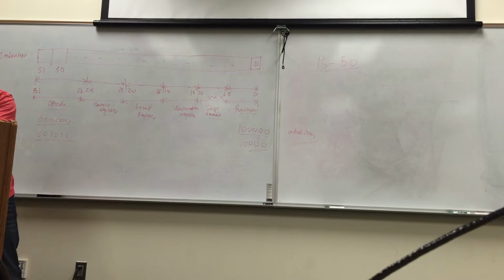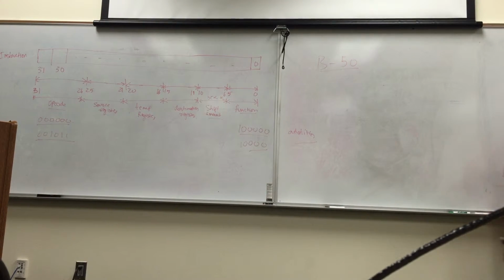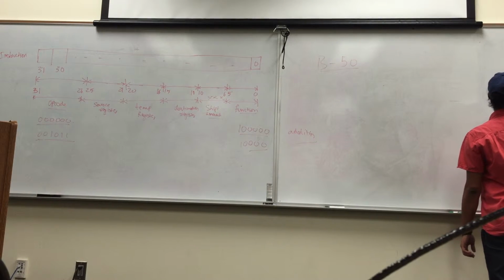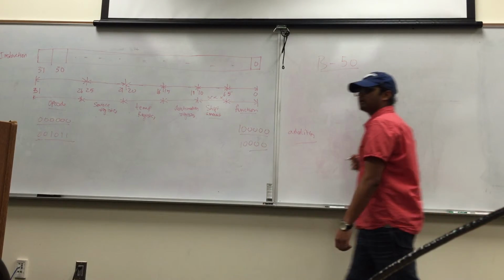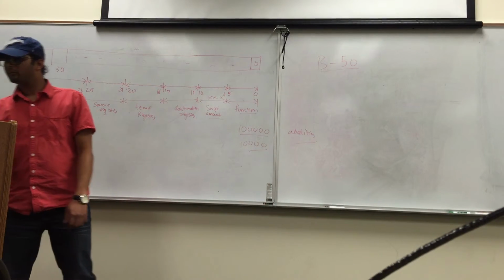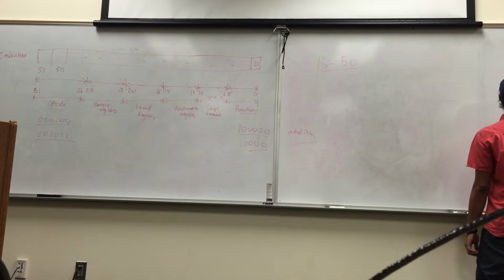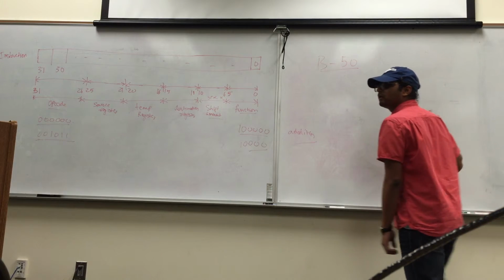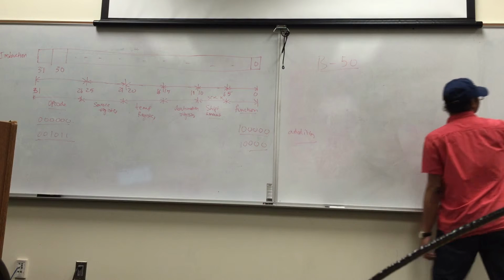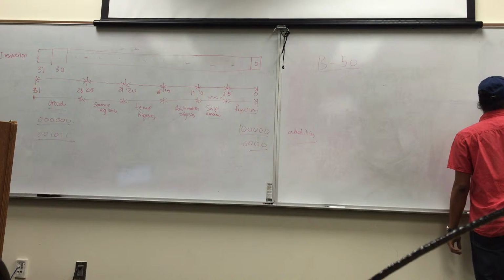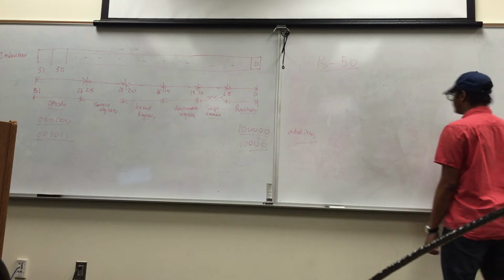So it has BLZ. Can you tell me what that is? Branch less than 0, and then greater than or equal to 0, and then jump, and then branch equal to, and branch not equal to.